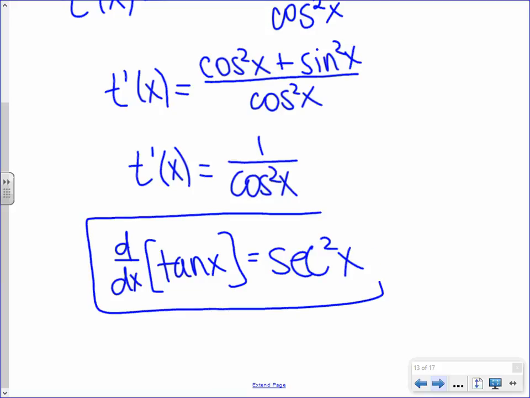Ladies and gentlemen, we never have to take that quotient rule again. If you have the derivative of tangent, you're going to remember it, it's going to be secant squared. Should we remember those rules, like cosine squared plus sine squared equals 1? Identities will pop up every now and again, yes.